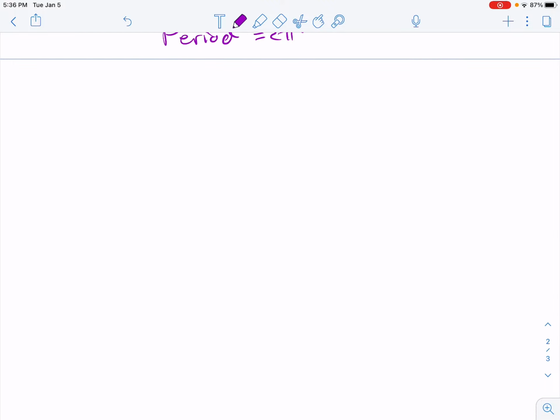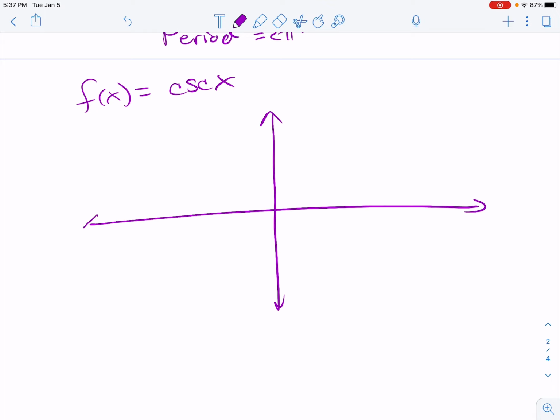Alright, if I need to draw the cosecant of x, okay, I know it's the reciprocal of the sine function. So a lot of times what I do is I go like this. And because I've got the sine function, it's pretty basic. Okay, we know that. I draw it in like this. And I draw it in dashed line. Now, to do the cosecant graph, whenever it's 0, I have an asymptote.